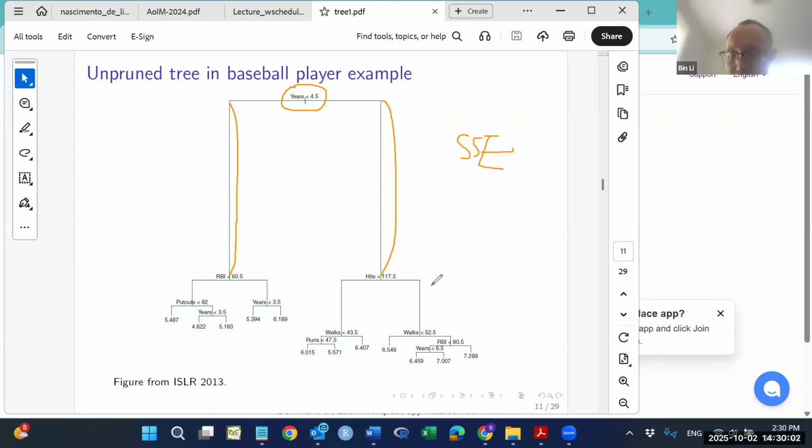But for the next one, using the hit, the reduction of the sum of squares error is not that much. It's much smaller, less than half of this. And for the further one, much smaller. So that's the unequal spacing, where the vertical distance is proportional to the reduction of the SSE contributed by each split. So that's actually more informative, but not as good looking as the previous one.